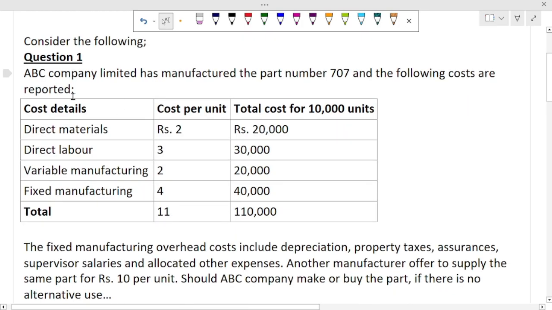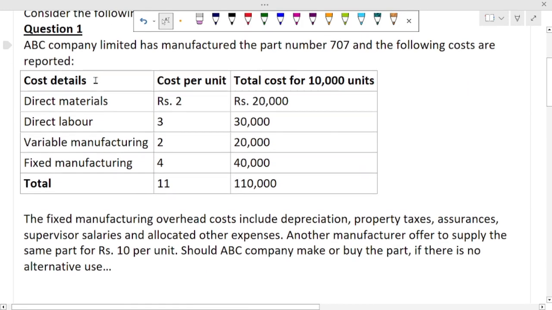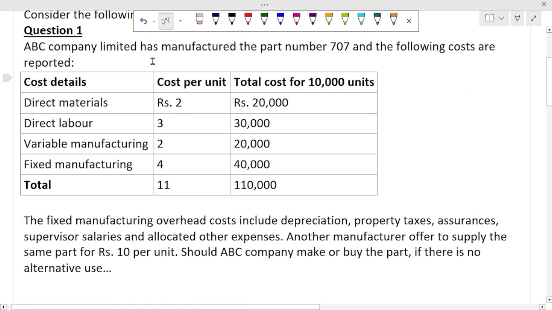Let's consider the following examples. Question one. This is the whole question: everything here, this table and this stuff. ABC Company Limited has manufactured the part number. ABC can be any name of any company, so they just use ABC to represent it. Then manufactured the part number 707.